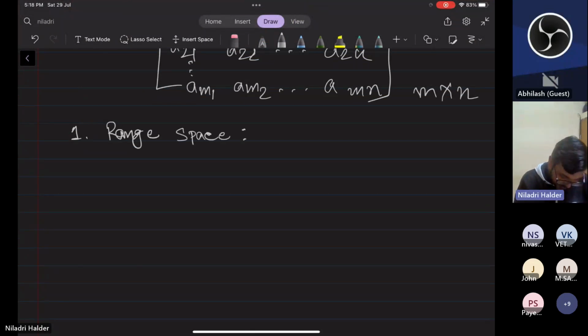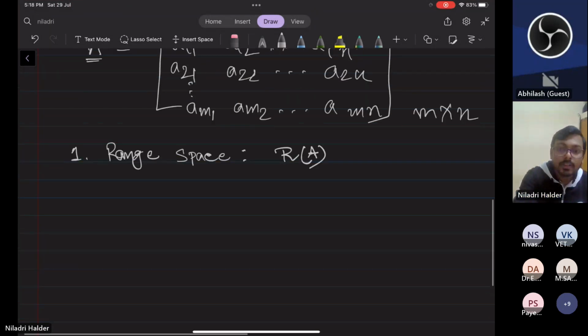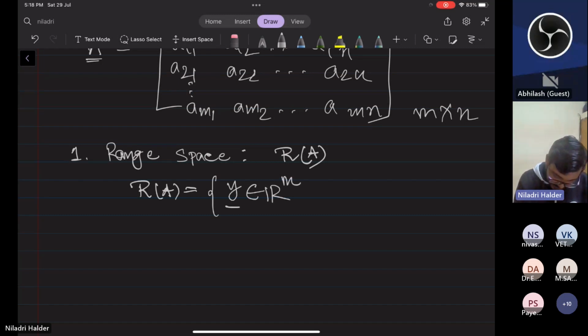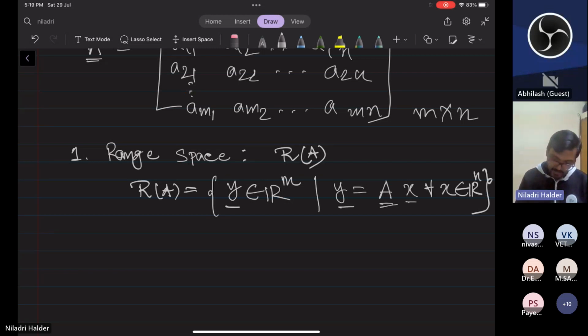First is the range space of a matrix. The range space is denoted by R of A. It is equal to all the y belonging to R power m, so that means it's an m dimensional vector, such that y should be equal to Ax for some x belonging to R power n.